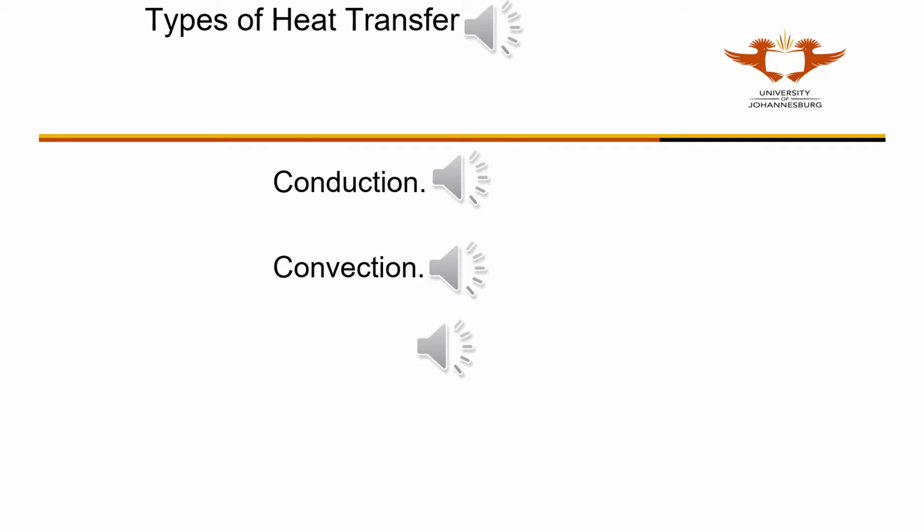Convection, which is heat transfer from a surface to a moving fluid, or from a moving fluid to a surface. And radiation, which is heat transfer through empty space or gas. You are now going to be introduced to the mechanisms at work in each of these 3 modes of heat transfer.